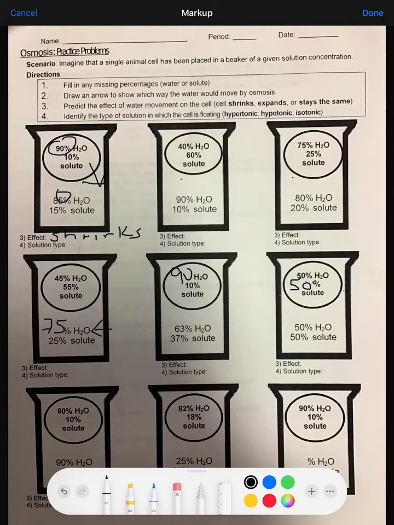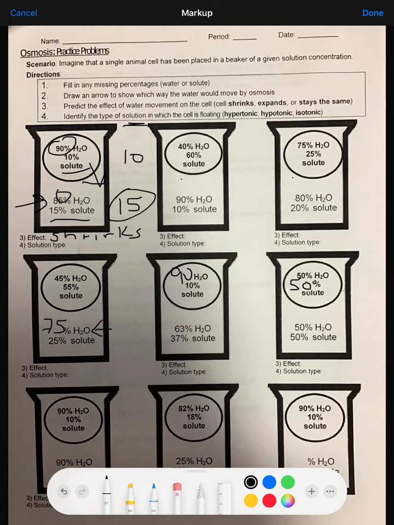And then it says identify the type of solution in which the cell is floating: hypertonic, hypotonic, or isotonic. This is the thing that is actually new to you, okay? So now we're going to look at just the solution, at the solute part. It has 15% solute here and 10% here, so there is more here.